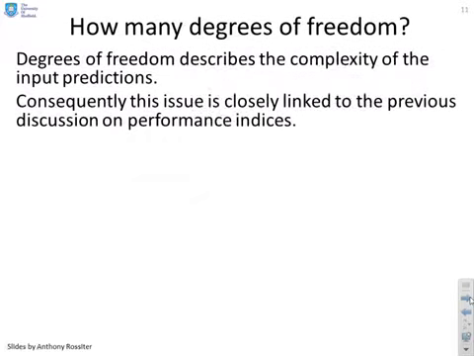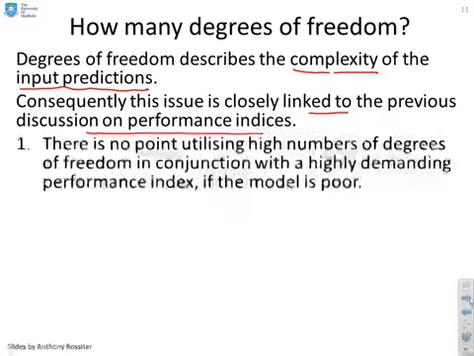How many degrees of freedom then do you think you should use? Now, the degrees of freedom describe the complexity of the input predictions, or the variety in the input predictions over which you are going to make a selection. And so you'll see this issue is actually closely linked to the previous discussion on performance indices.